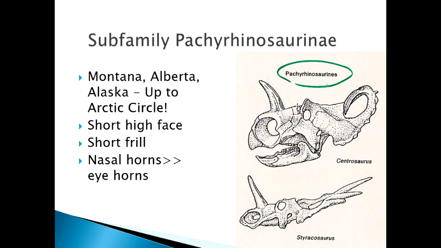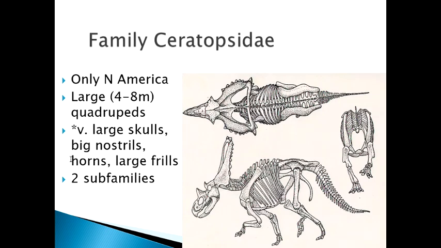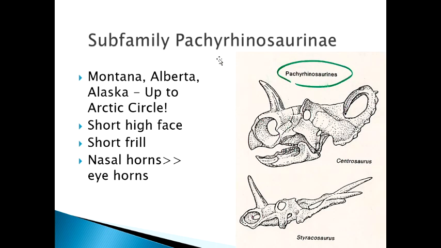So, horned things are family Ceratopsidae, but we subdivide them into whether they have a huge frill or a small frill, and then I guess an easier thing to look at is the length of the horns.